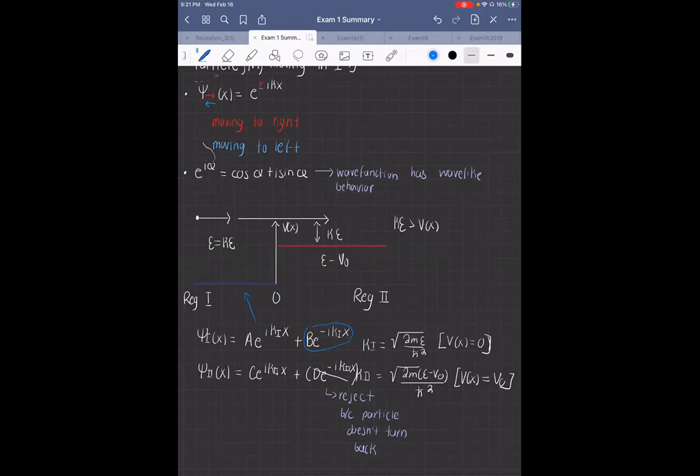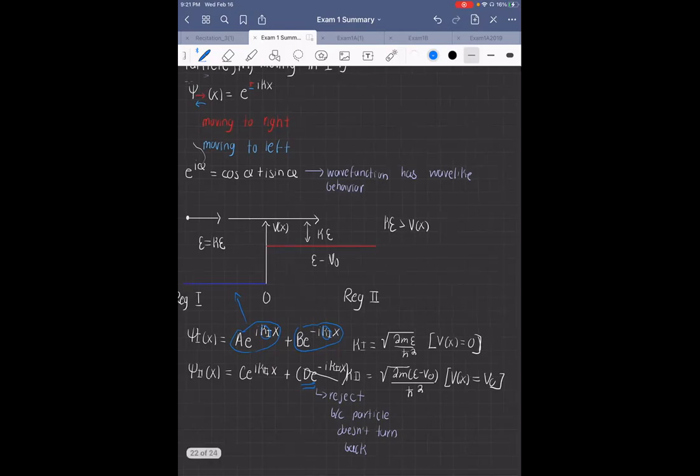A describes it going to the right, and k1 can be described with this equation. The second term describes the particle going over the barrier. Since the particle is past it and won't hit anything, you don't need the left-going term. It goes over the barrier because the energy is higher than the potential barrier energy.